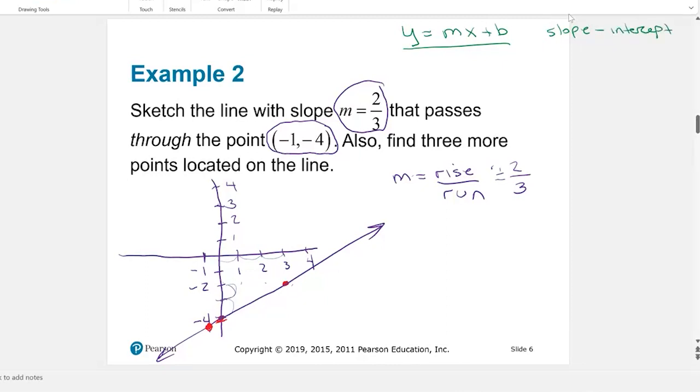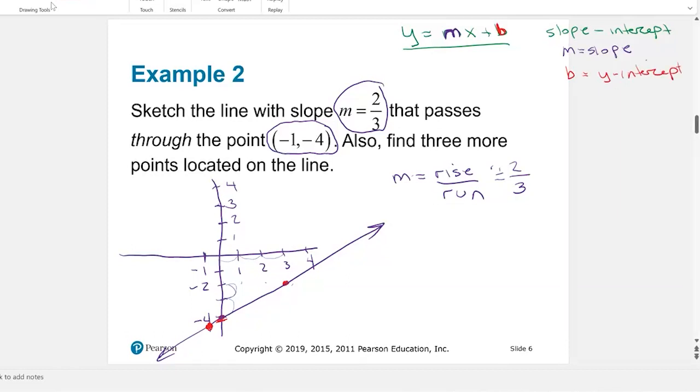What that means is m is equal to the slope, and b is equal to the y-intercept.